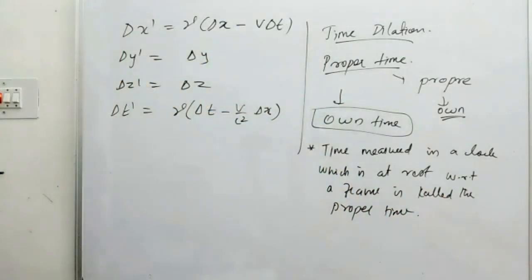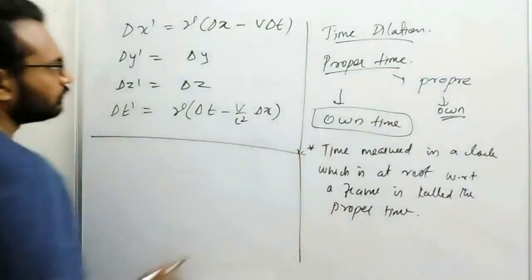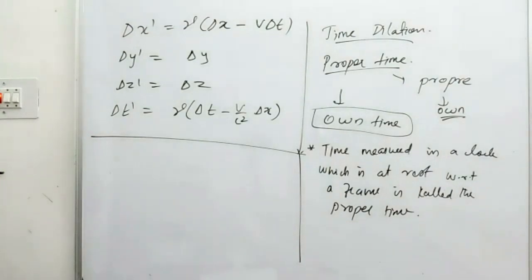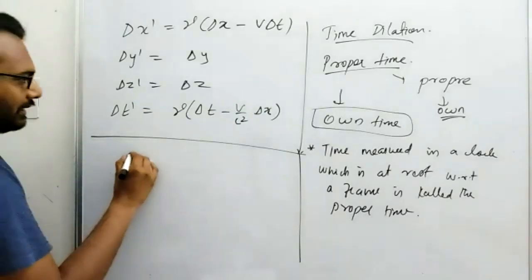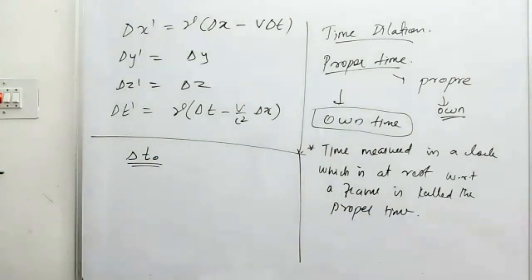It's just the time elapsed on a clock which is at rest, which does not move in your frame. This proper time we can call delta T0. That's the time on the clock, if there is no separation and the clock is not moving.